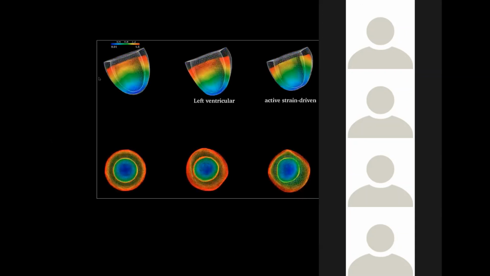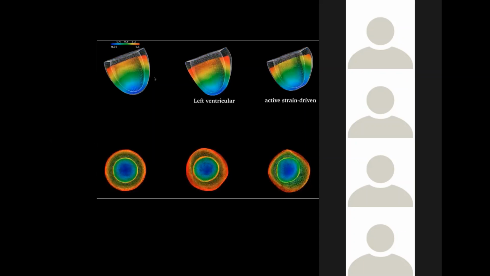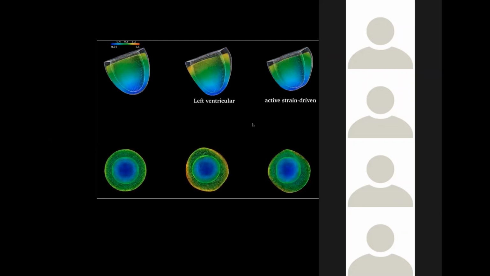These are also representations of idealized ventricles. So I have ventricles, and depending on the activation, this means the interaction between contraction and electrical stimulus, I have different patterns of contraction.